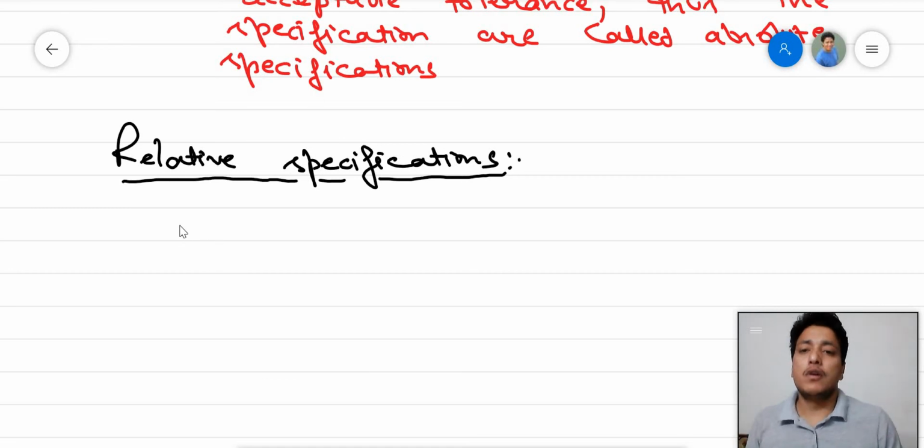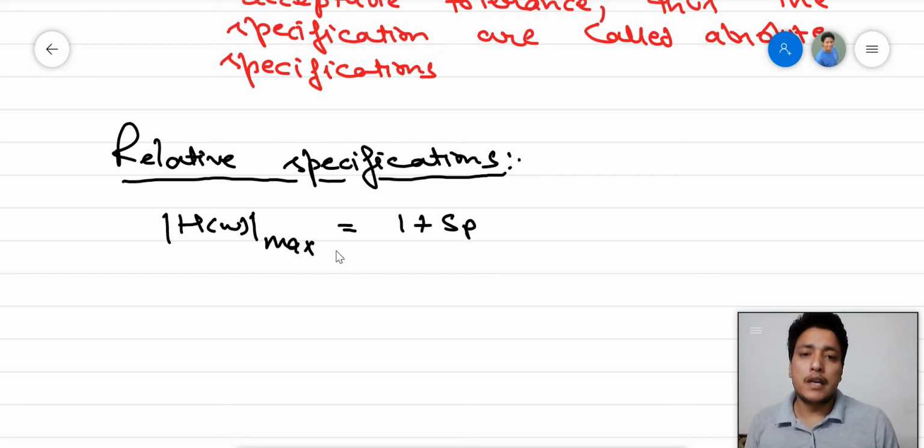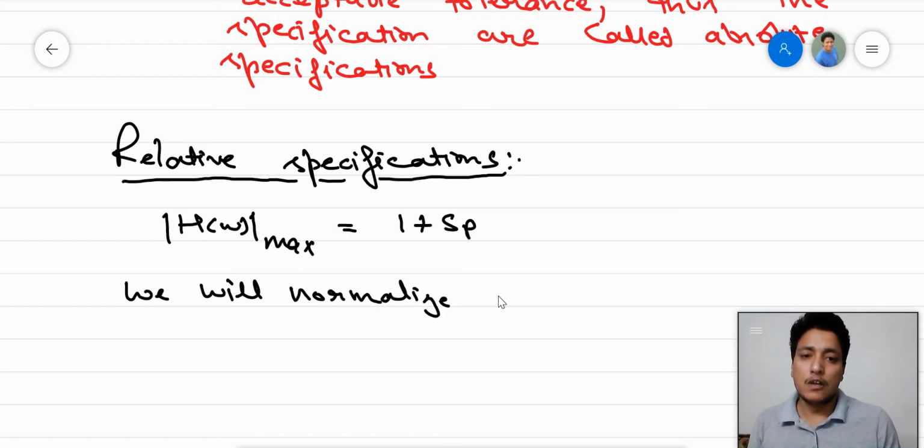Now we know the maximum of H of omega in the overall response is equal to 1 plus delta p. Then to find out the relative specification, we will normalize the magnitude response, that is H of omega.